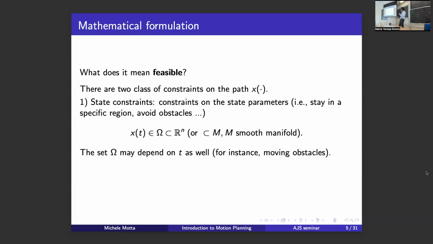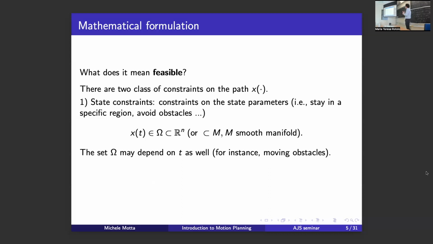Notice that in general our state space may also depend on the time. For instance, if you have a robot moving in a crowd, then you want the robot not to collide with people. People move, and so you have moving obstacles.